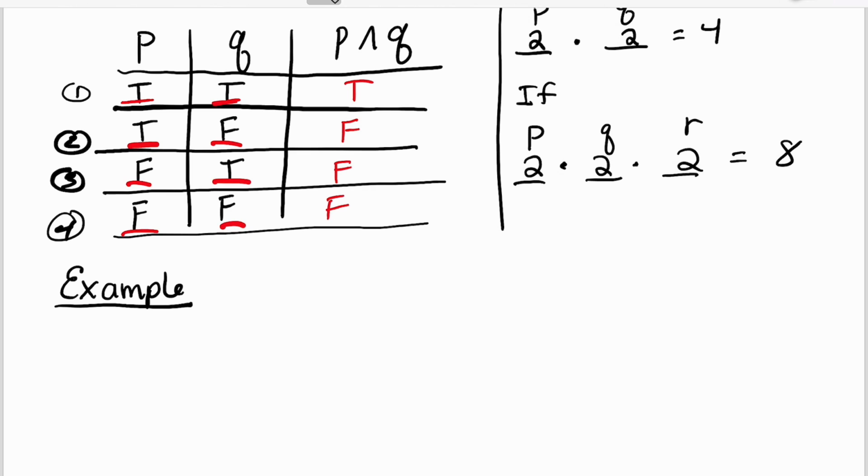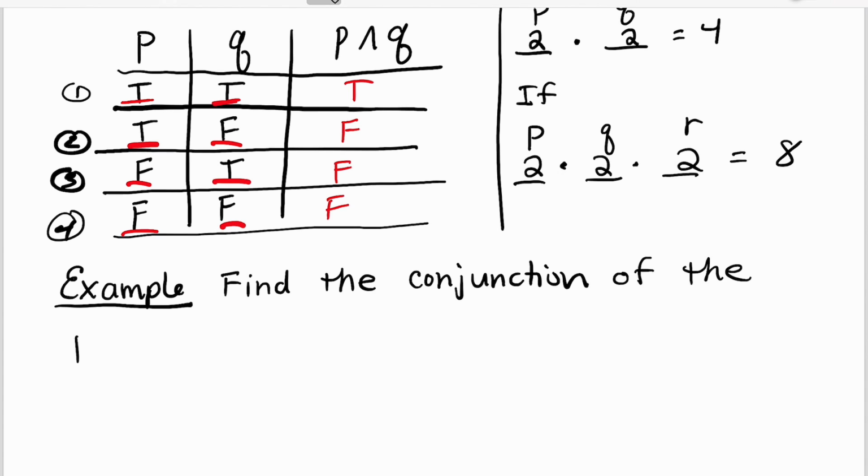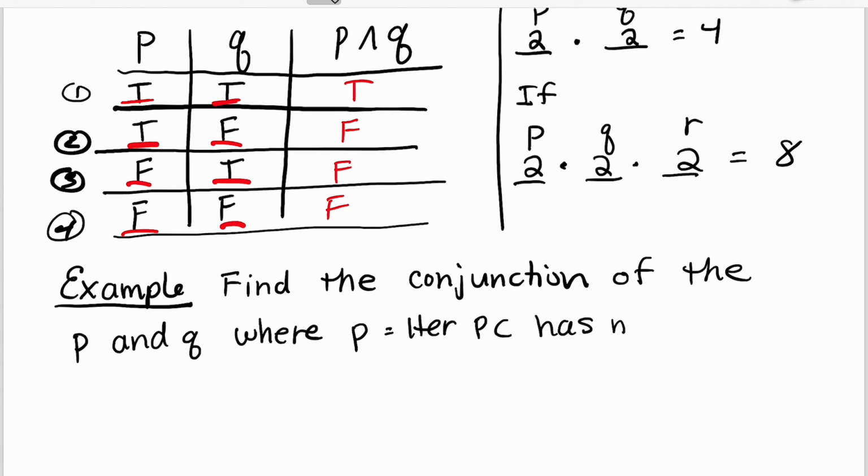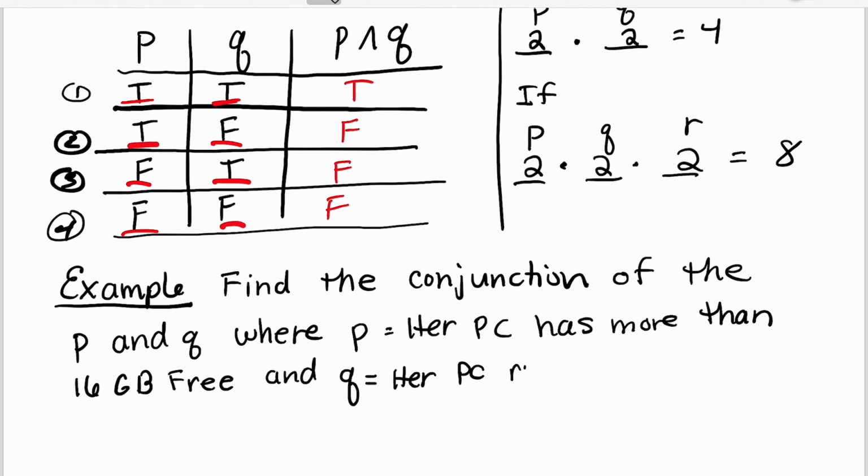Here's an example. We want to find the conjunction of the propositions P and Q, where P is her PC has more than 16 gigabytes free, and Q is the proposition her PC runs faster than 1 gigahertz.